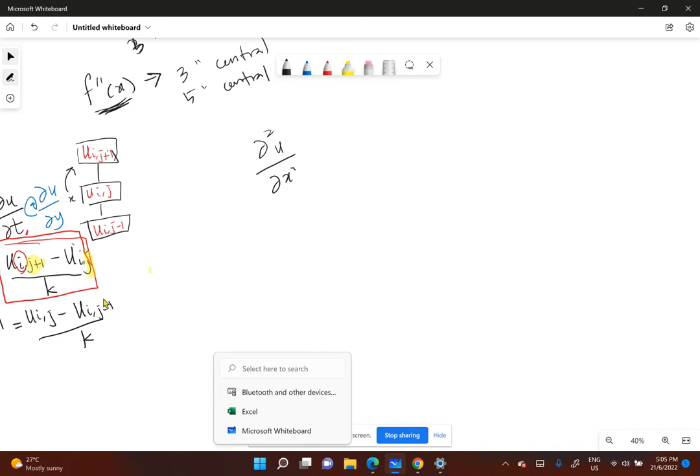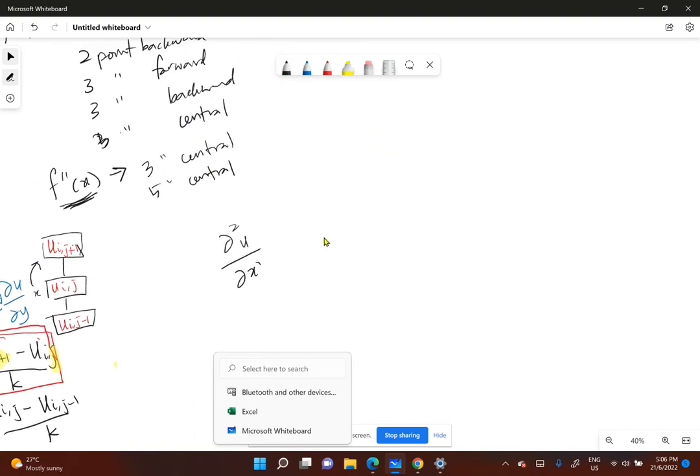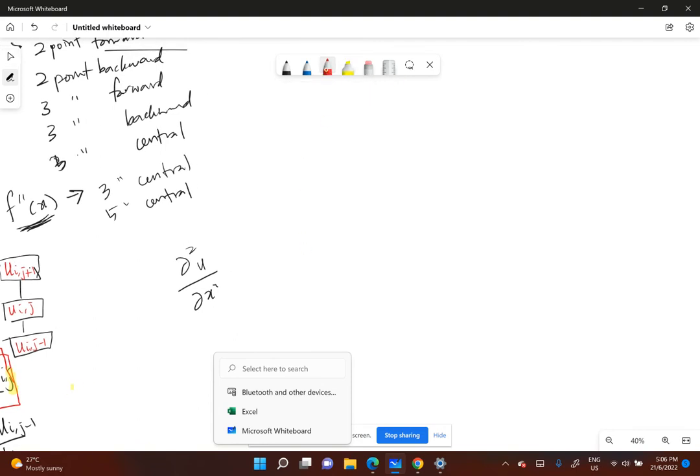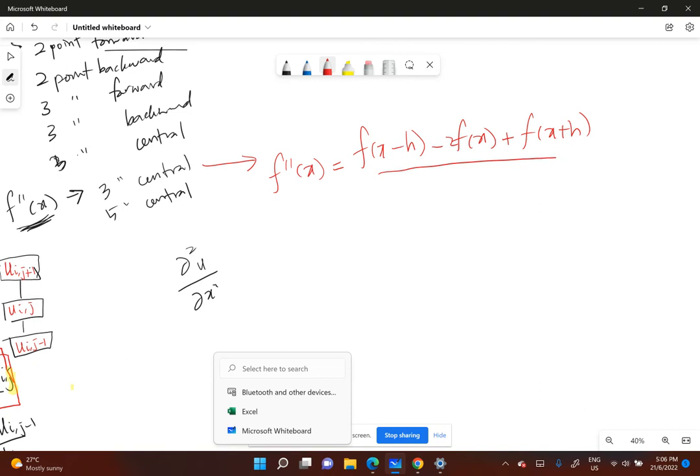Yang second derivative kita ada 3 point center and 5 point center. So awak boleh je guna yang 3 point center punya formula. Dia punya formula is like this: f(x minus h) minus 2 f(x) plus f(x plus h) divided by h square. So guna yang ni.